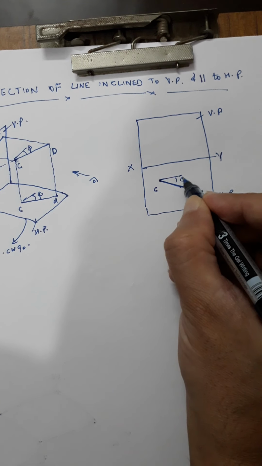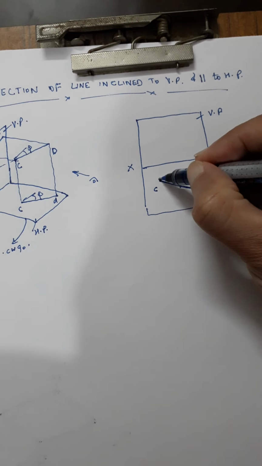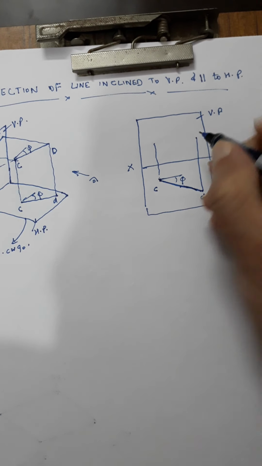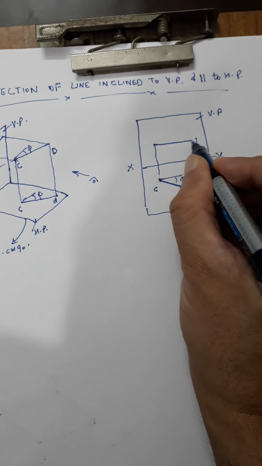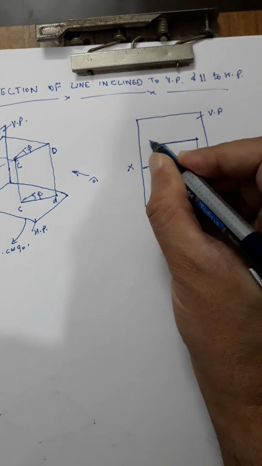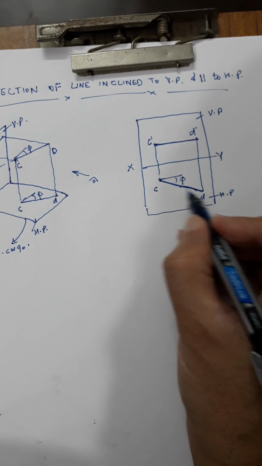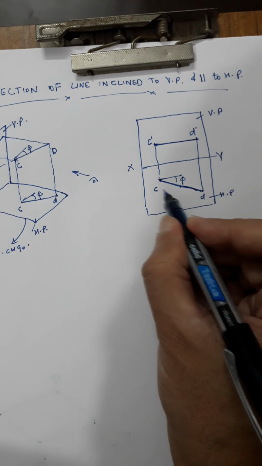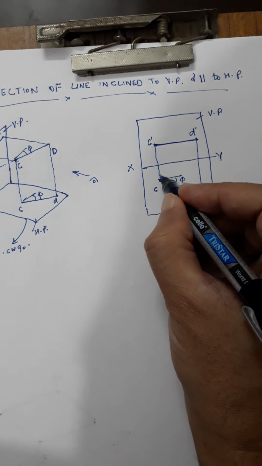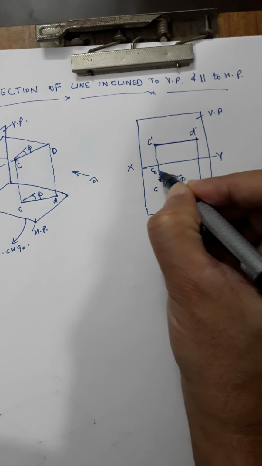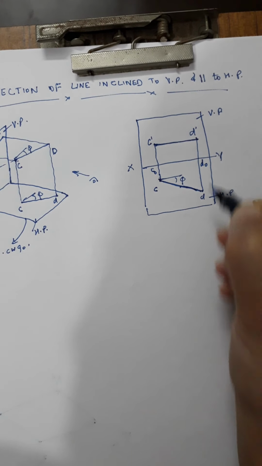Then you project the front view, which will be foreshortened, C dash D dash. Projections are always thick continuous lines, so C dash D dash and CD are thick. The line joining the front view and top view is thin continuous, and you can also name the points C note and D note if you want to.